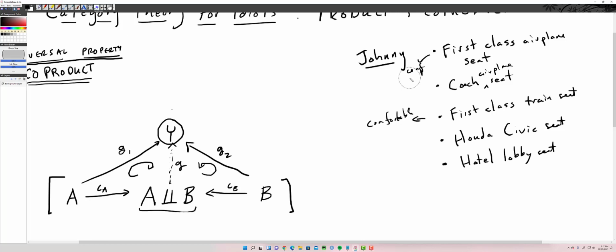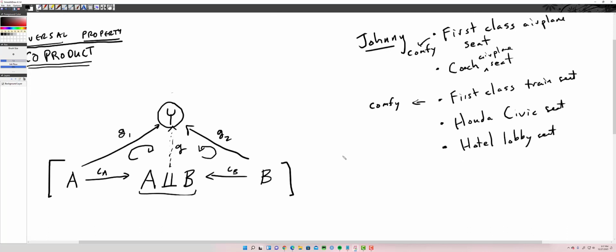I'm just going to write comfy. When you get into the table, it gets real ugly. I'm going to try to do this in one take, so forgive me if I screw it up. I'm just going to keep on plowing through. So this seat was comfy, and this seat was comfy, right?